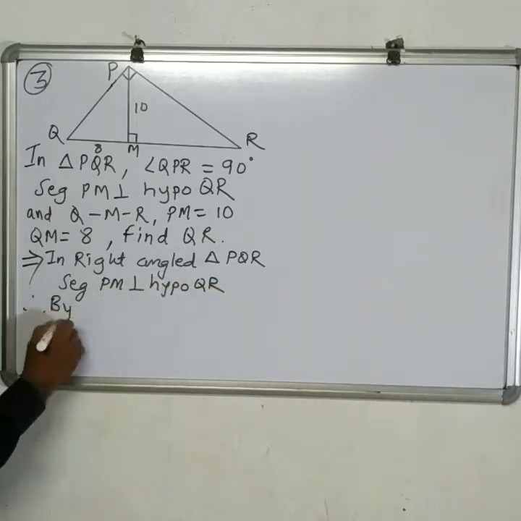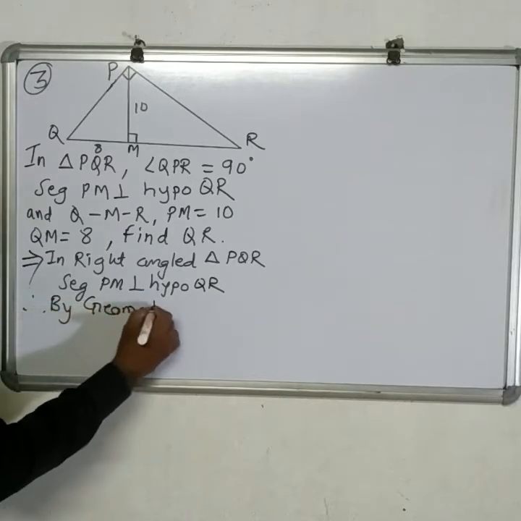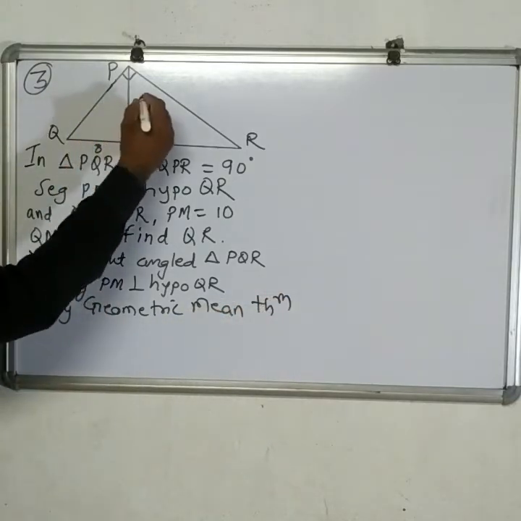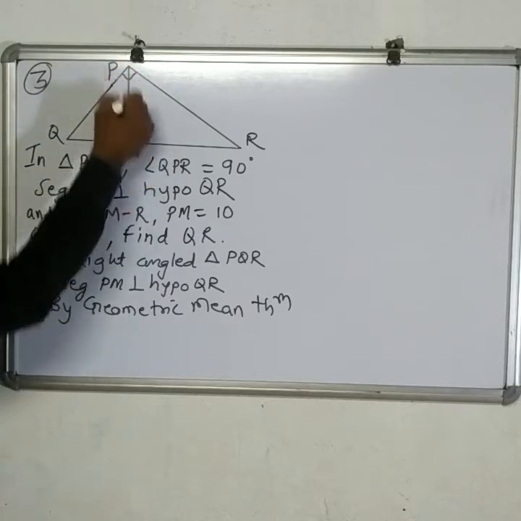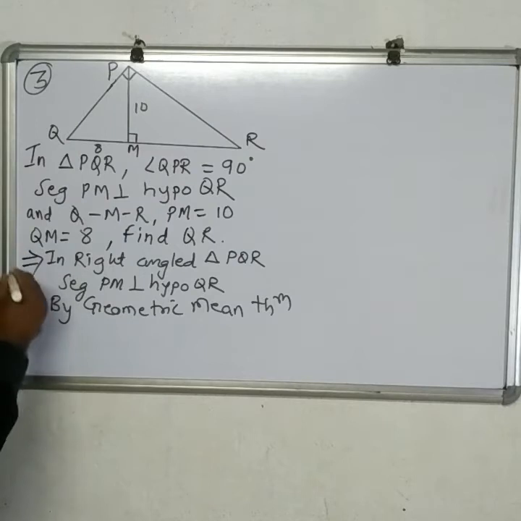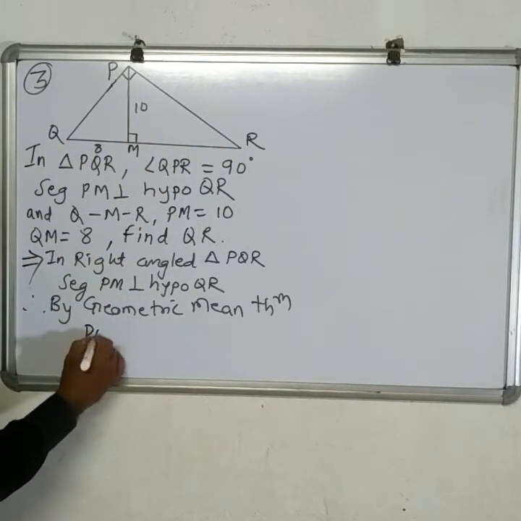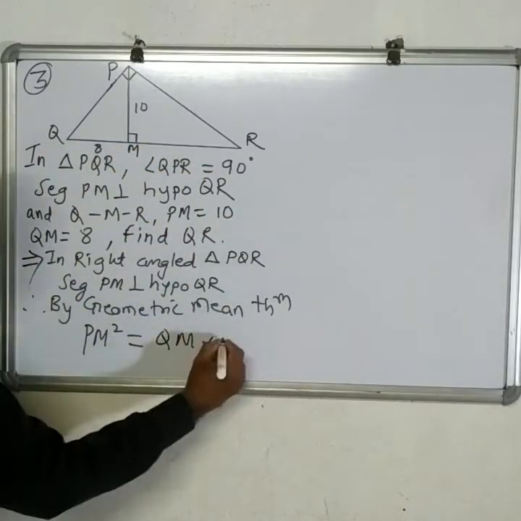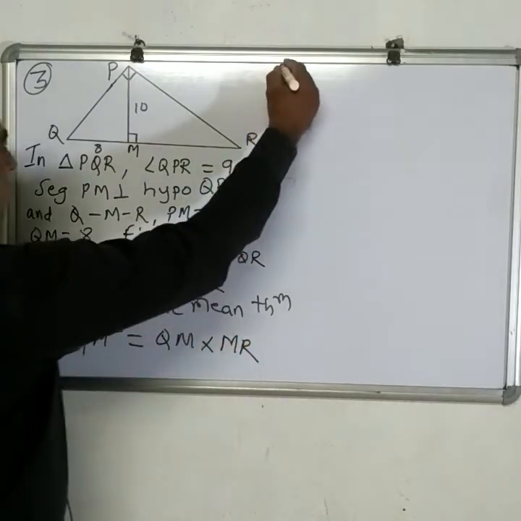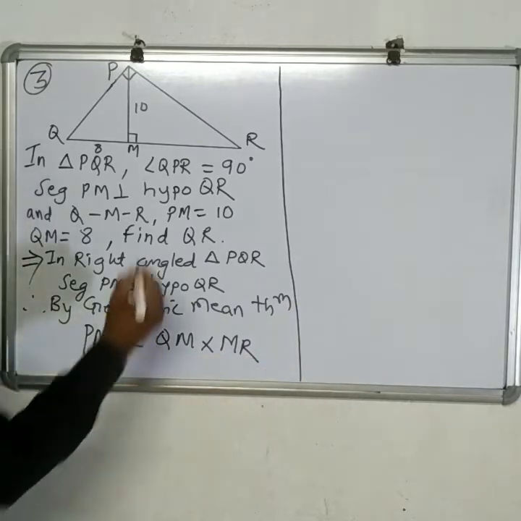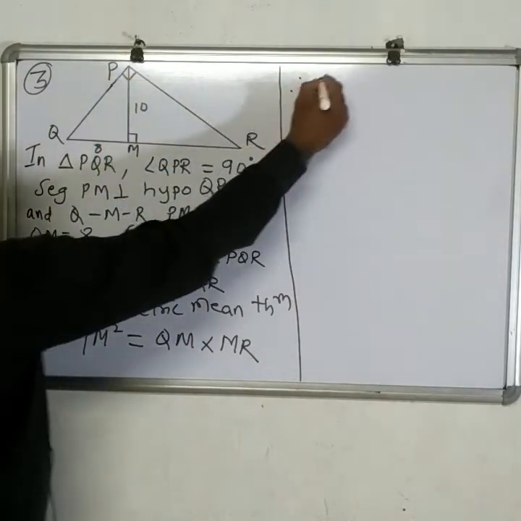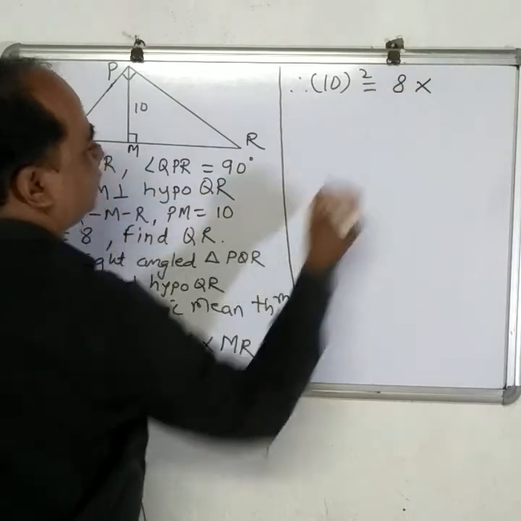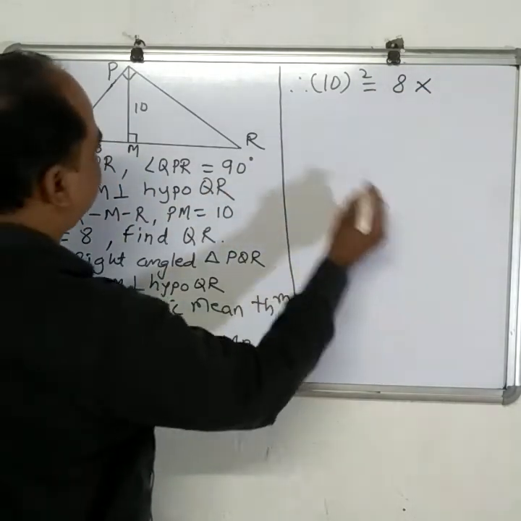Therefore, by the geometric mean theorem, PM square is equal to QM into MR. Therefore, the value of PM is given 10. 10 square is equal to QM is 8 into MR. You have to find MR.